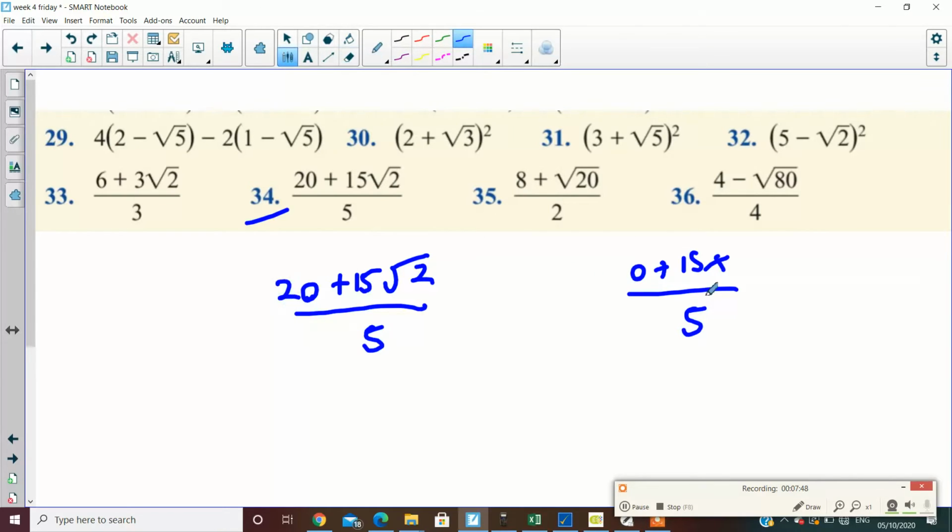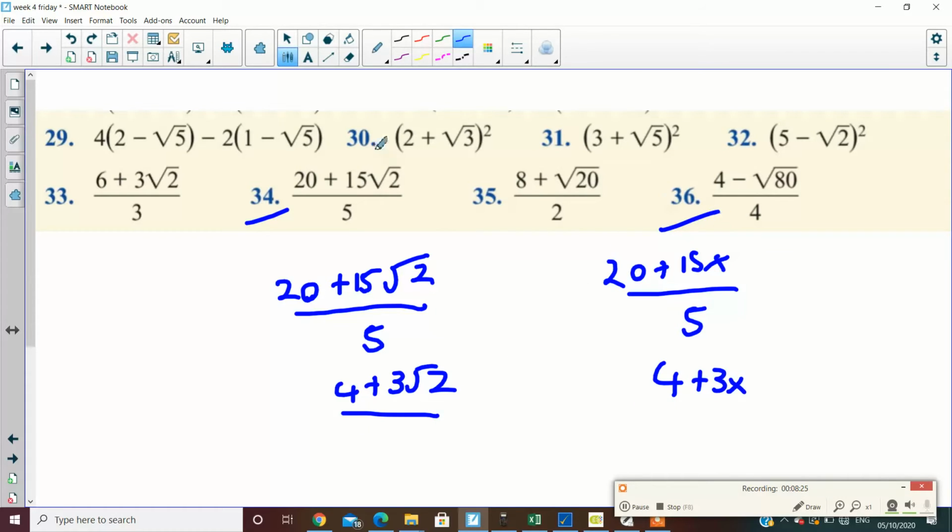Now, can anybody tell me what's the answer for 20 plus 15x divided by 5? What's 20 divided by 5? 4. What's 15 divided by 5? Anybody care to tell me what the answer to the left is then? 4 plus 3 square root of 2. All right, that's the answer.